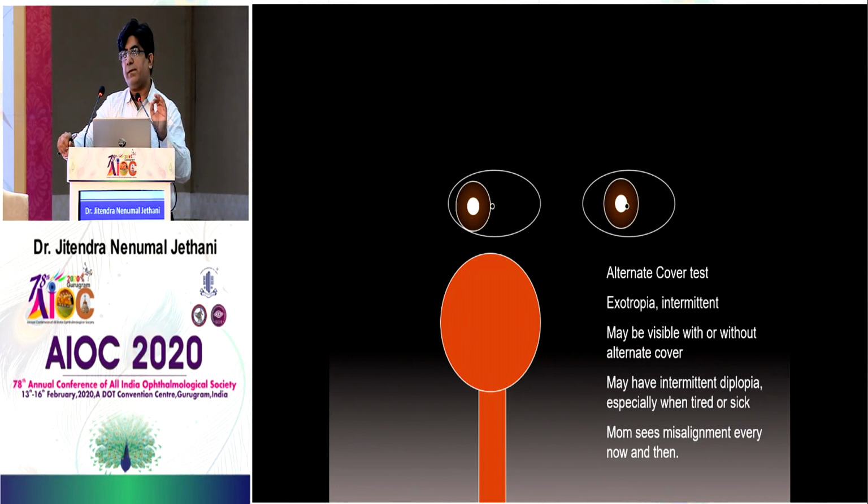Because if you operate for a lower angle, he may still have a residual angle which he was able to fuse, and that may become manifest whenever he is tired. Strabismus changes whenever the patient is tired or not happy. If he is not happy with the examiner, he may go into accommodation or convergence. So you have to find the maximum angle, and you can get the maximum angle only by the alternate cover test.